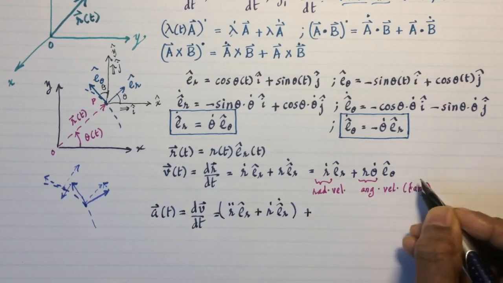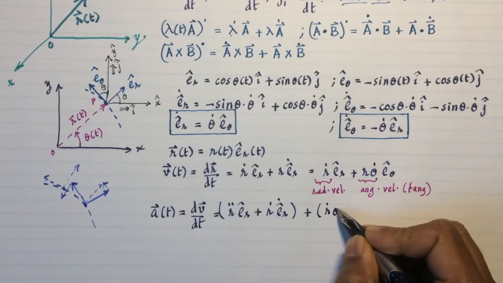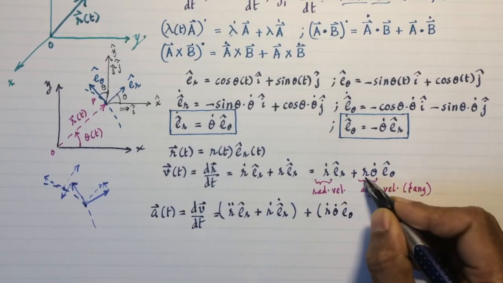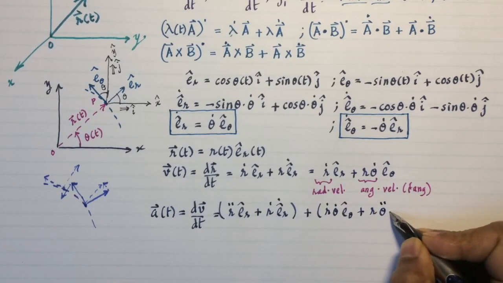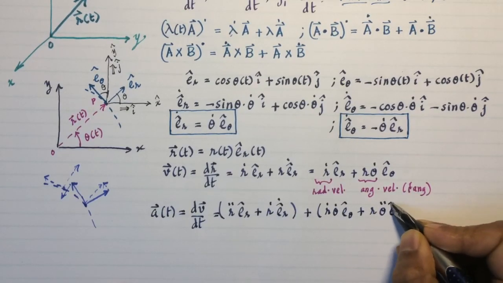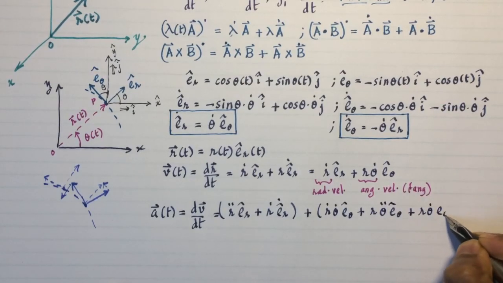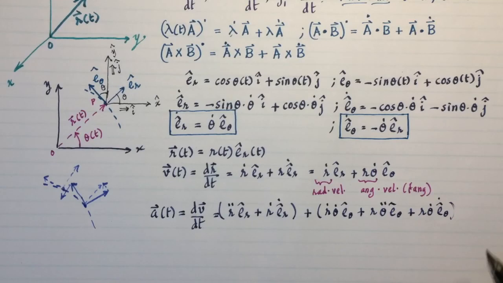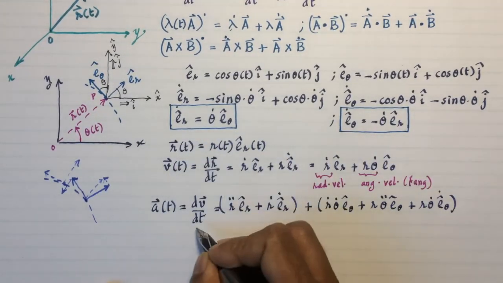And the second term is going to give me three terms because each of these can be differentiated. So I'll get r dot e_theta, differentiating r first, and then differentiating theta dot, I'll get this. And lastly, I'll differentiate just e_theta, and I get that. The last step is to substitute for e_theta dot and e_r dot from those expressions.